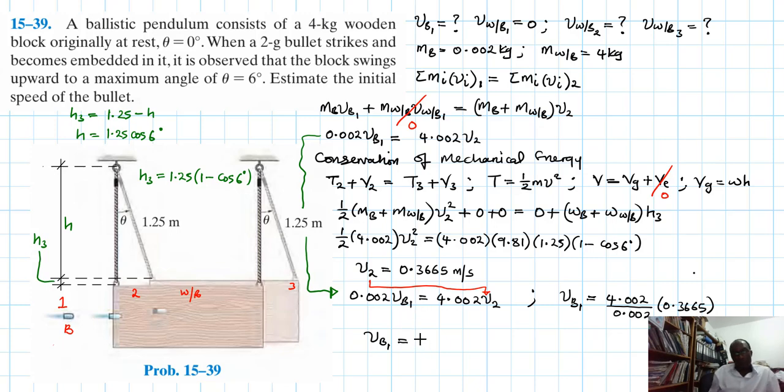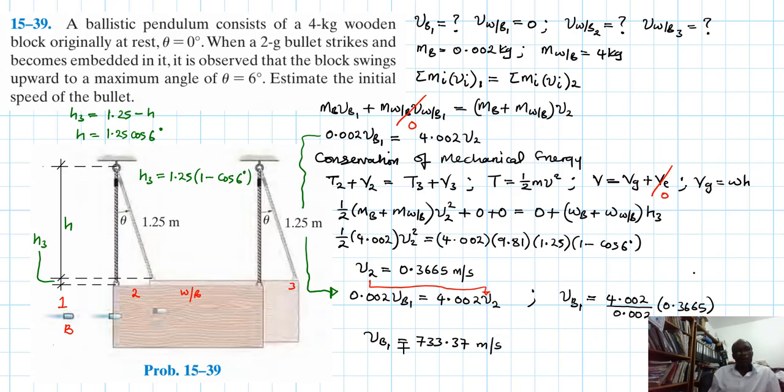So this gives us 733.37 meters per second.